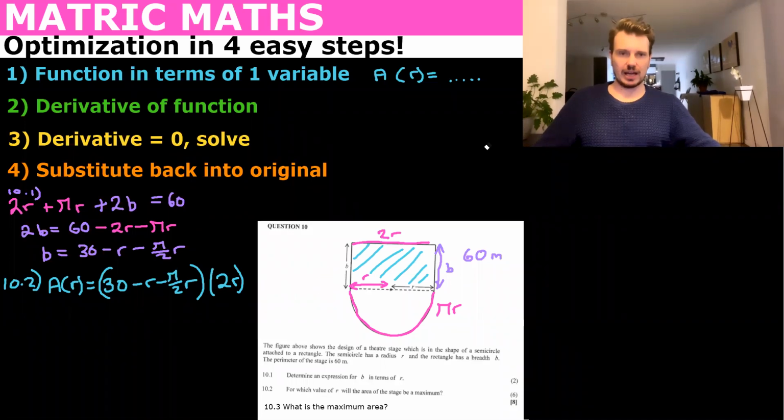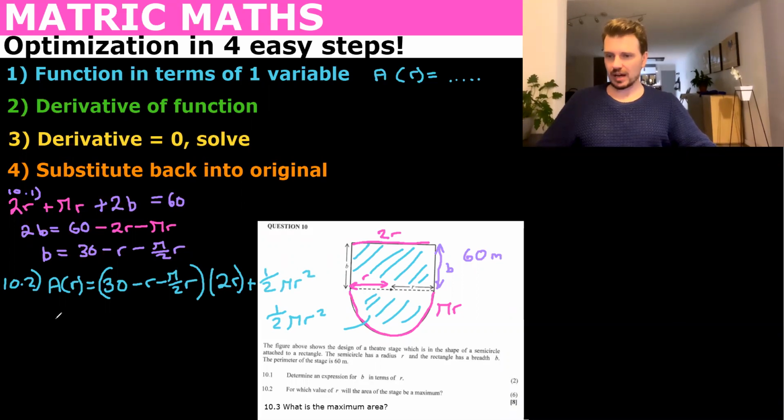The area of a circle is pi r squared, but the semicircle is only half of that, so plus a half pi r squared.